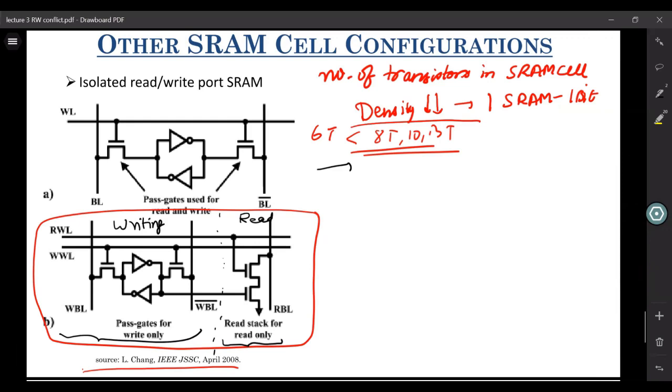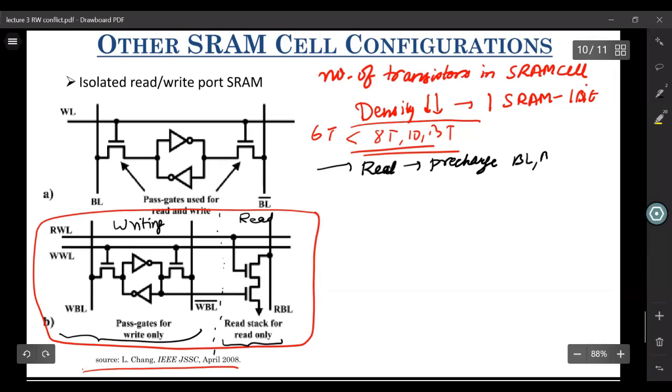So for operation of any SRAM cell that you may encounter, 6T, 8T, 10T, 13T, whatever it is, for read, you will first precharge your bitline and bitline bar. Some configurations may have a different bitline for read, which is the case over here. So here you can see that you have a different bitline for read, which is RBL, which will also have a capacitor here. So we first precharge it to VDD.